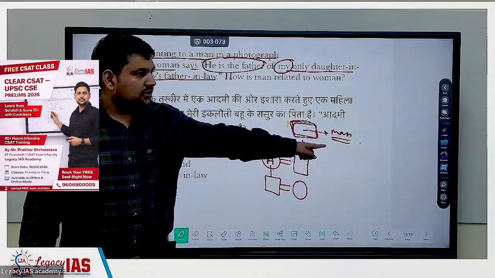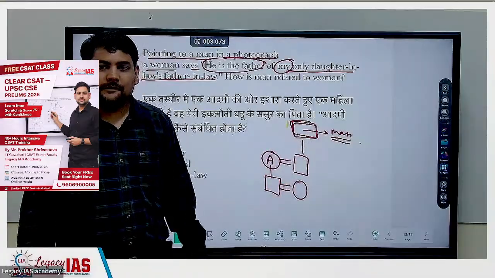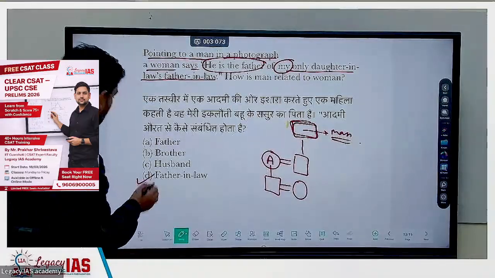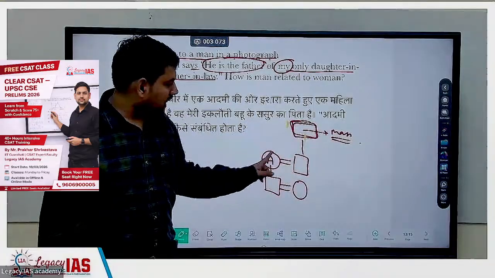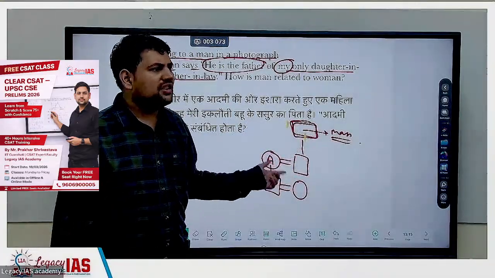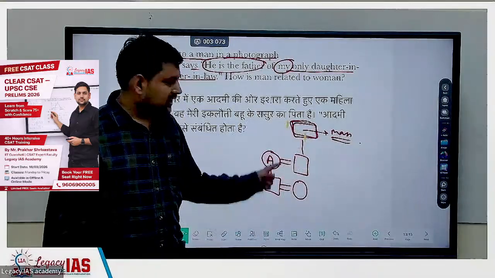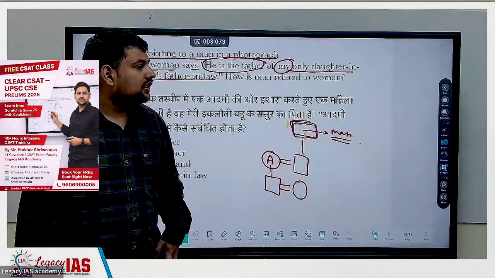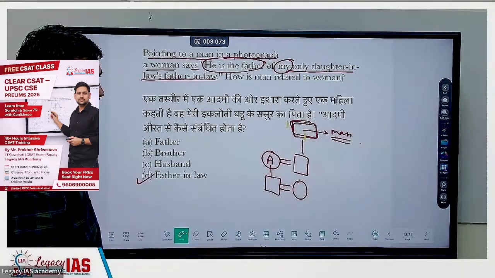How is A related to that man? A is related to that man as father-in-law. Connected via husband, that means we will add father-in-law. If directly connected, that is father. So A is the woman who is seeing the photo.